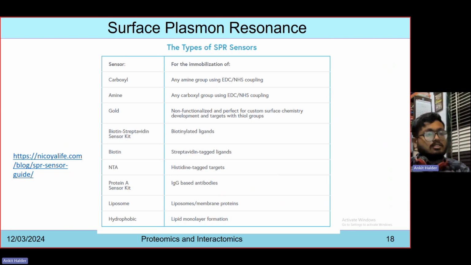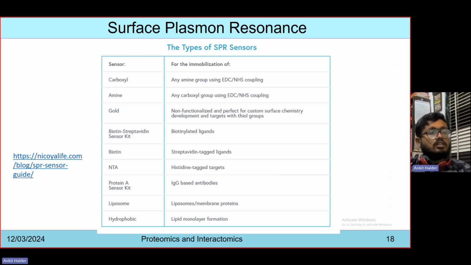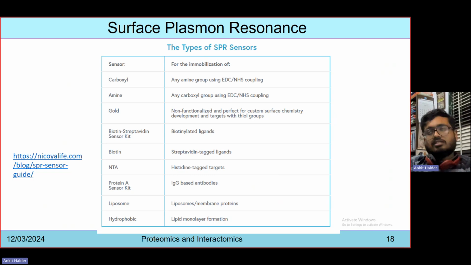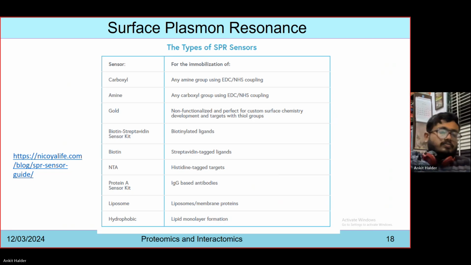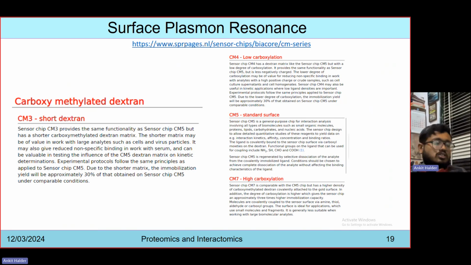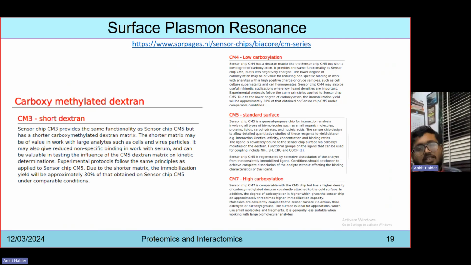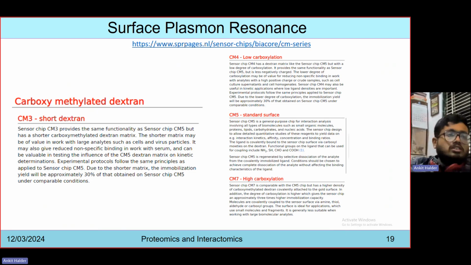So the proteinase sensor kit, liposome, hydrophobic, NTA, biotin, streptavidin sensor kit, gold, amine, carboxyl: all these are sensors that can be used for SPR. So this is our short notes of what we have already discussed on the carboxymethylated surfaces. So if I just read it out for you.